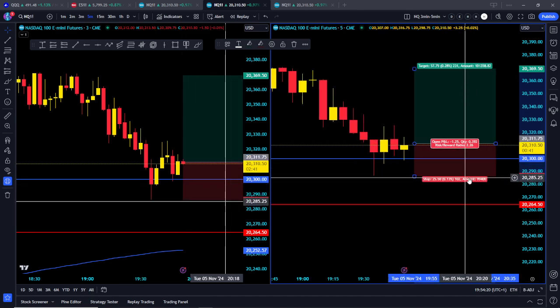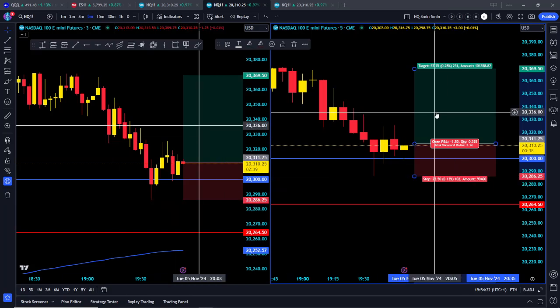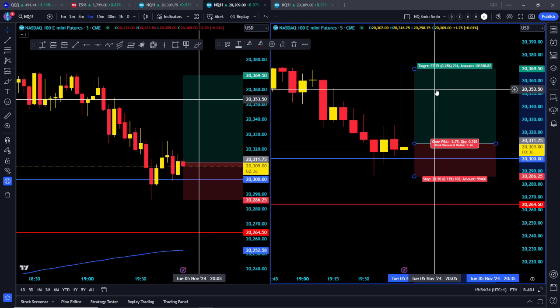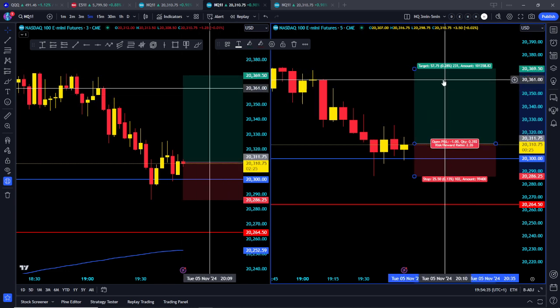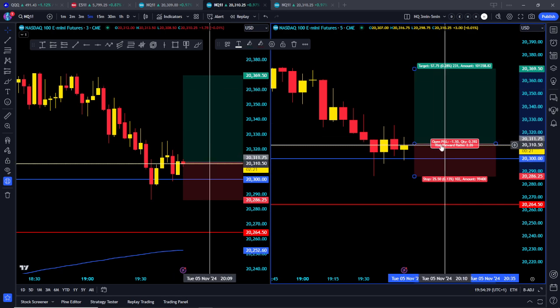You basically went down on leverage, and you stand to make around $228 for a risk of, actually I apologize, for a risk of $100. My bad.